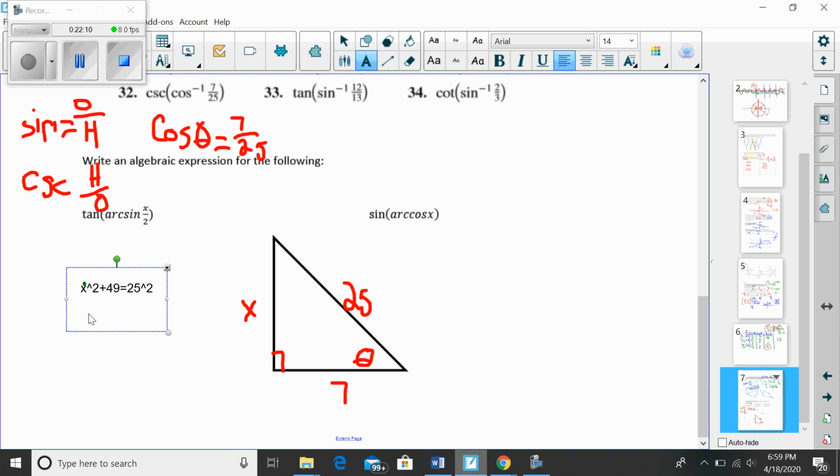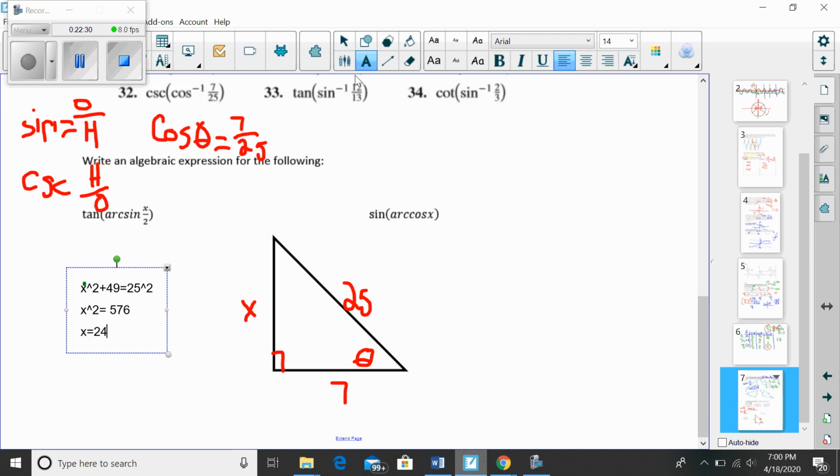If I do 625 take away 49, I get 576. Is that right? Yep, 576. Then I take the square root of both sides, and I get x equals 24.